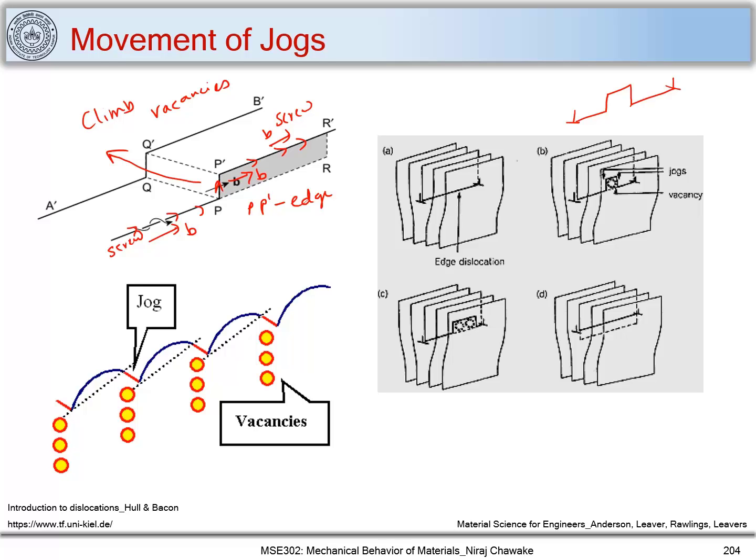So these are jogs. These jogs can move when there is a vacancy accumulation over here, and you can see that as the vacancies get accumulated here, the dislocation climbs up.